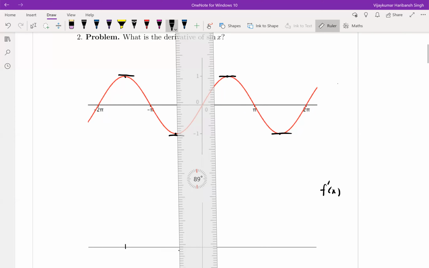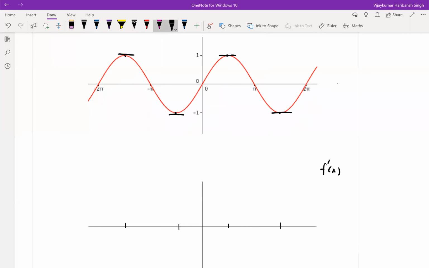Now note that if the function is increasing, the derivative is positive. So for this part the function is increasing, so the derivative is positive, and then the derivative has to become equal to 0 here.